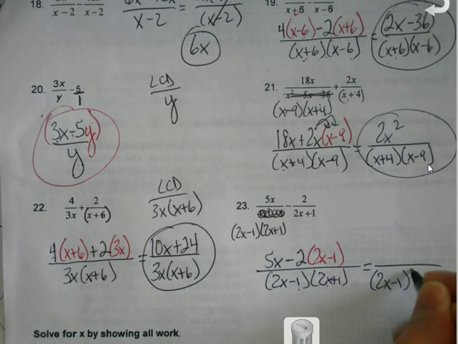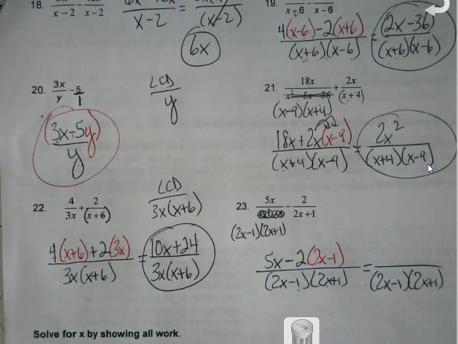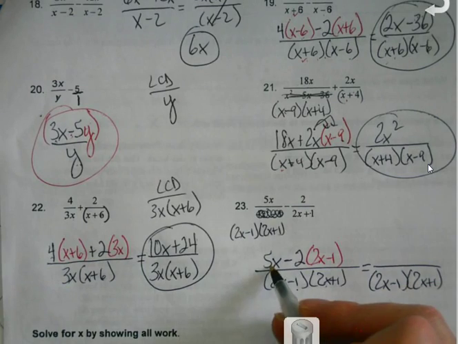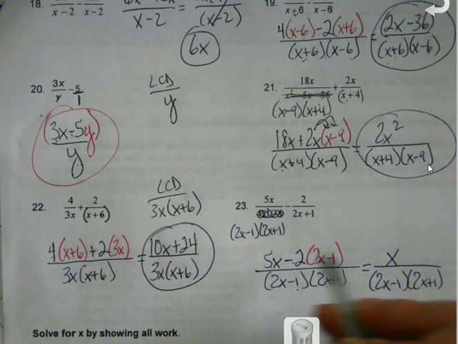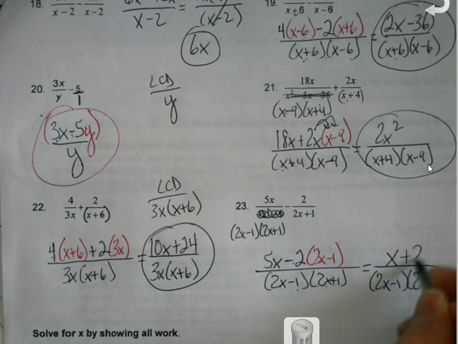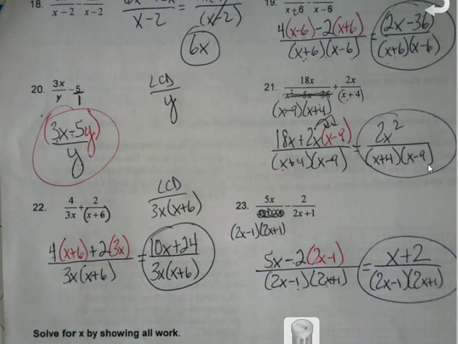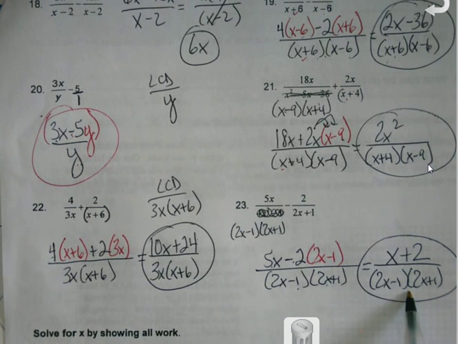Don't lose your denominator. 5x minus 4x is x. Negative 2 times negative 1 is positive 2. Again, it's those little partial halves here and there that just kill you after a while if you're not cautious. But again, simplifying, no equals, keep the denominator.